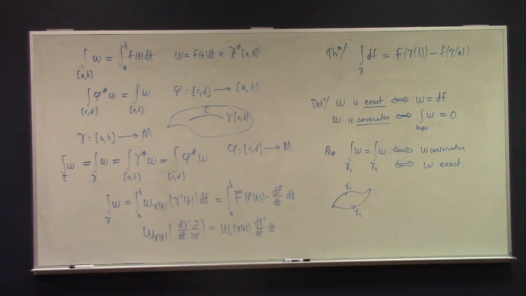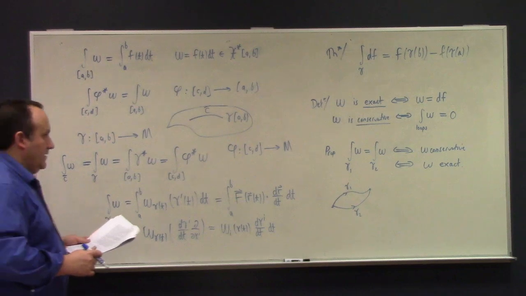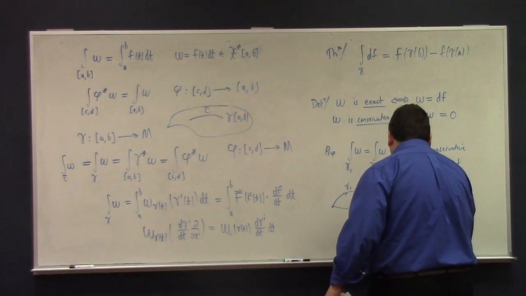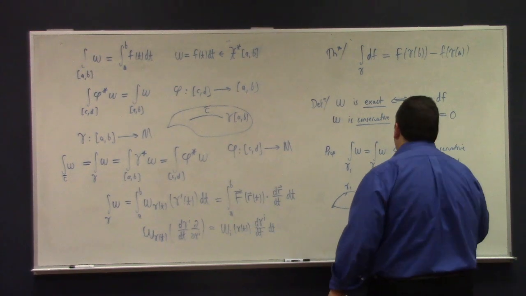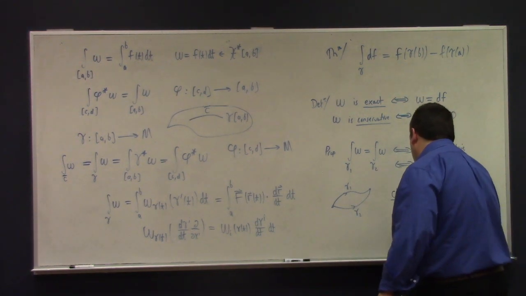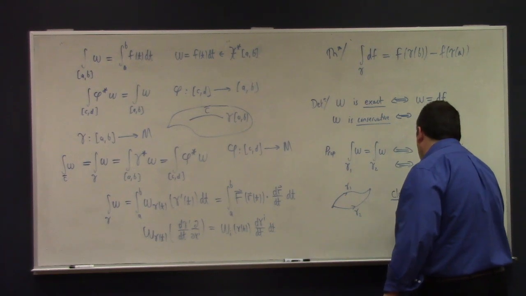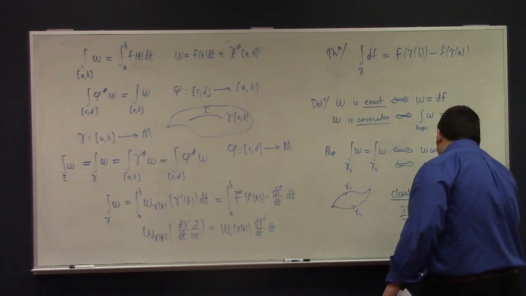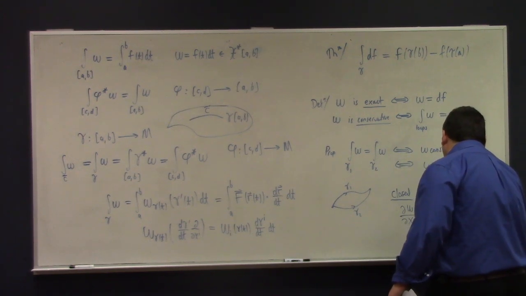And then, more importantly, he introduces the concept of a closed omega. This means that for him in this chapter, it means that partial of omega i, partial x j, is equal to partial omega j, partial x i.